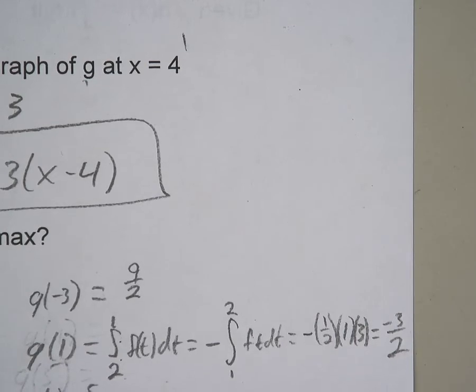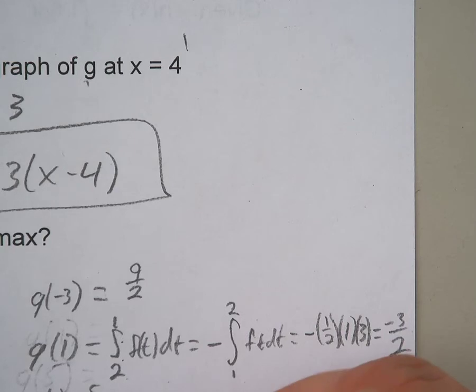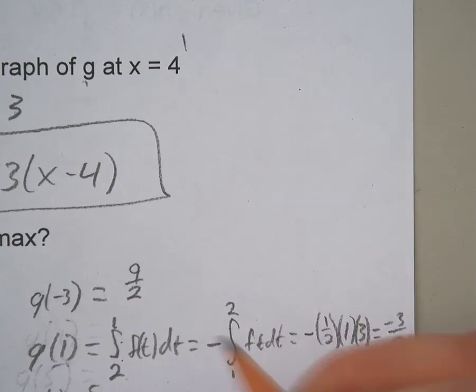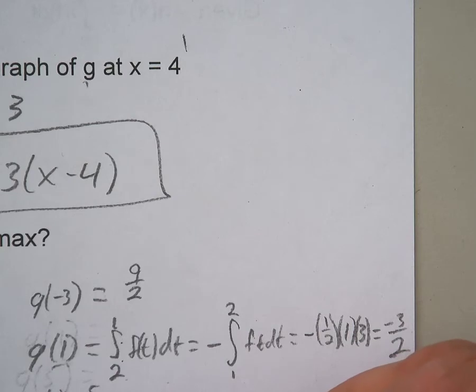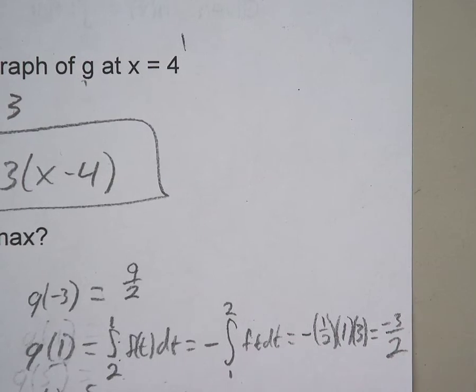I've got a triangle from 3 to 5, and a trapezoid from 2 to 3. So trapezoid first, 1/2. My height is 1, and that is 3 plus 6. I did already do that somewhere. I don't remember where. Somewhere.